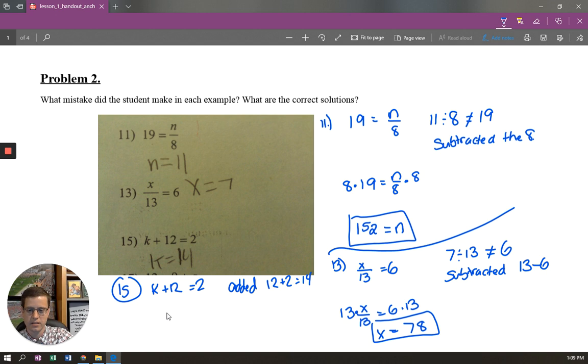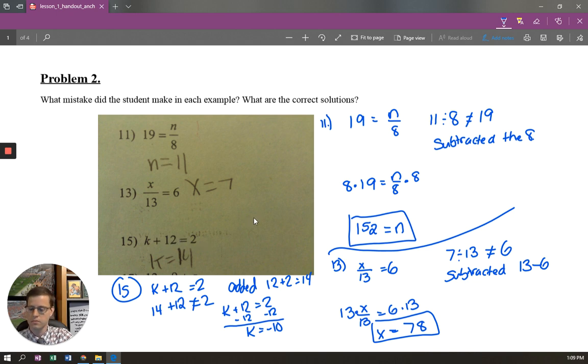But if I put in 14, 14 plus 12, that's not equal to 2. And so, how do we solve this? Well, when k plus 12 equals 2, the opposite of addition is subtraction. So if I subtract by 12 on both sides, k is going to equal 2 minus 12 is negative 10. Negative 10 plus 12 is equal to 2.